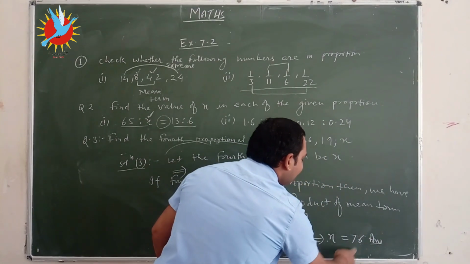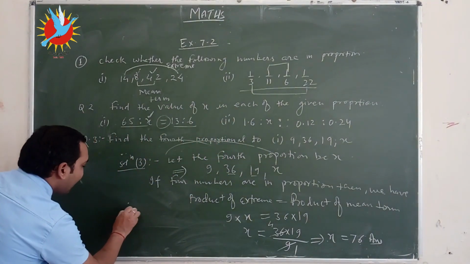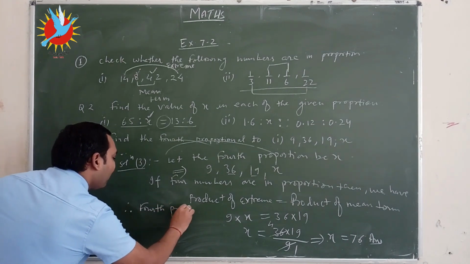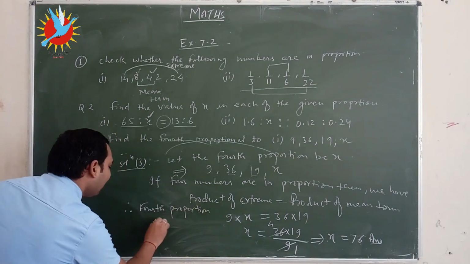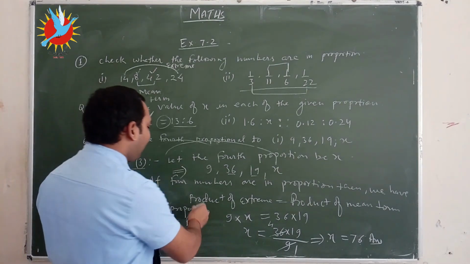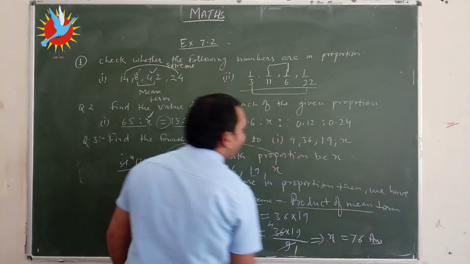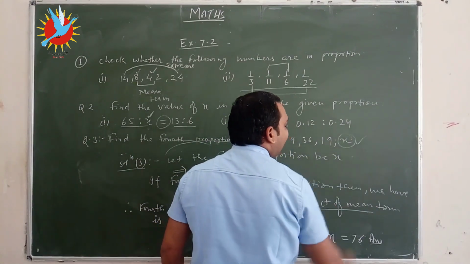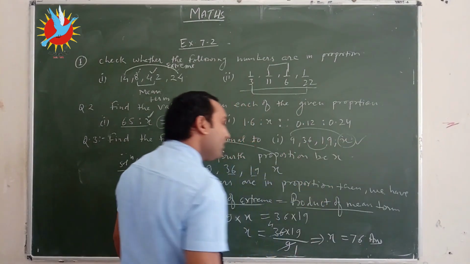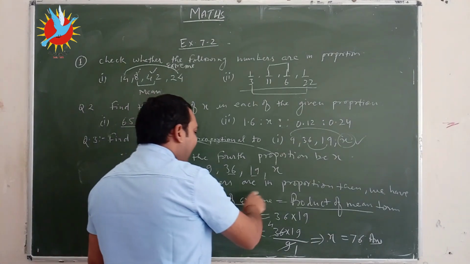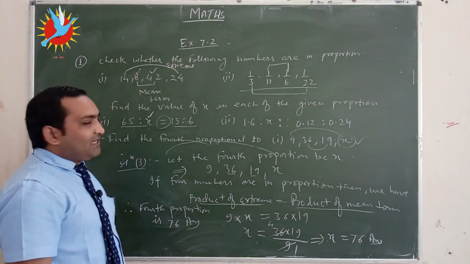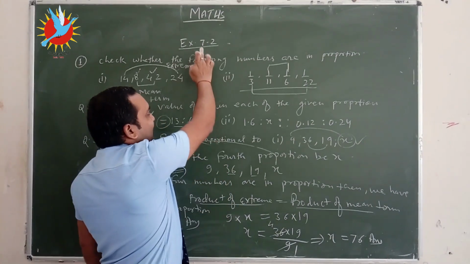The value of x is 76. Therefore the fourth proportion is 76. So product of extremes is equal to product of means, where the fourth proportion we have to find, we consider x, and by this formula we find the value of x. So this is exercise 7.2.